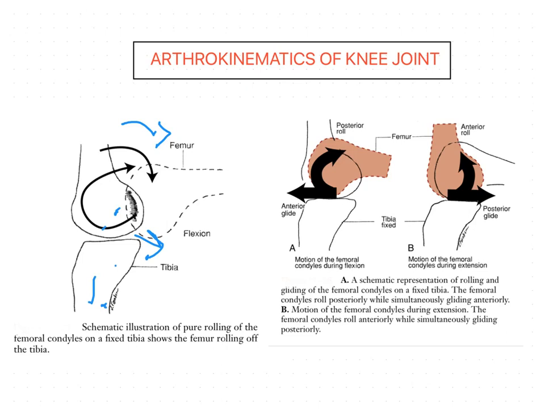Once this large femoral condyle starts rolling on the tibial plateau, what is happening? After reaching some degree of flexion, the femoral condyle may reach the tip of the tibial condyle, and if further rolling occurs, there may be a chance of slipping of the femoral condyle from the tibial condyle.